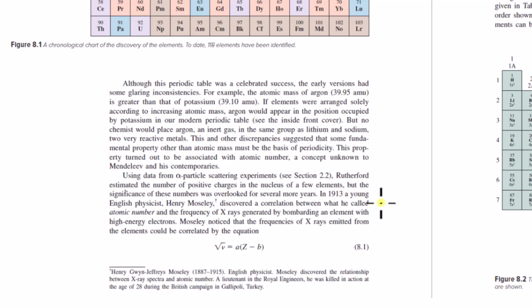So what they're talking about is that this was significant because in 1913, an English physicist, Henry Moseley, thought maybe if we could get the count of the number of these positively charged protons in the nucleus for the different elements, maybe that's the correct criteria to use for ordering the elements.